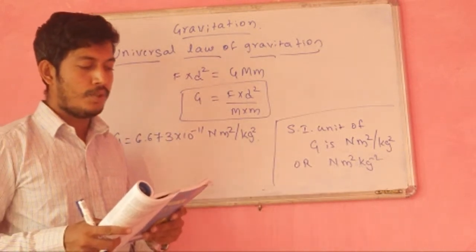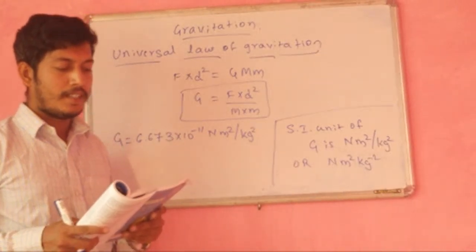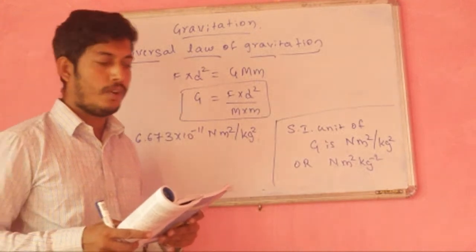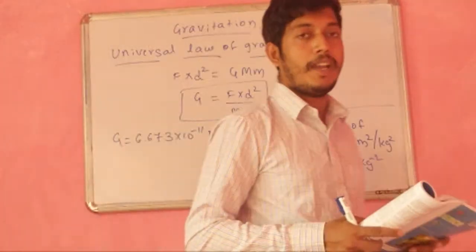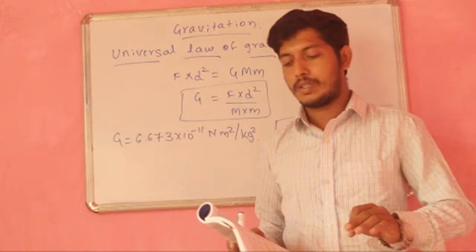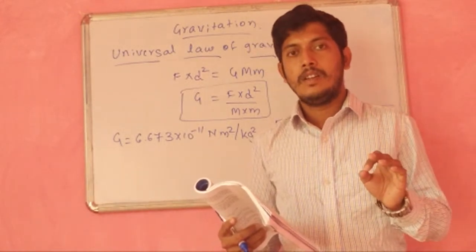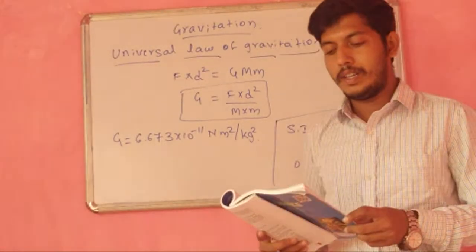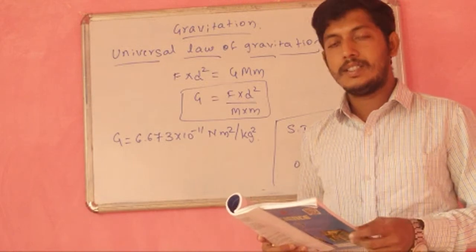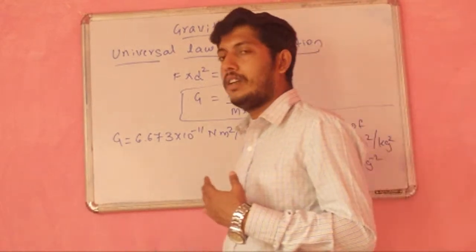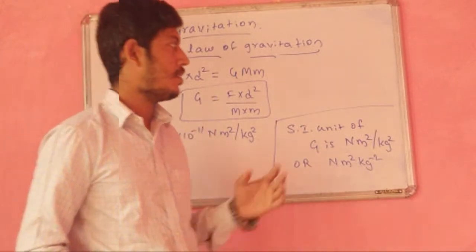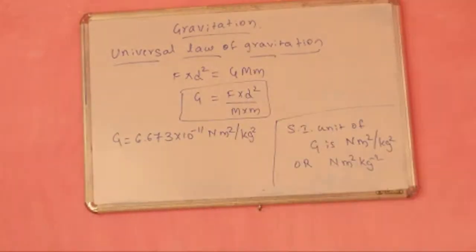By using a sensitive balance, the accepted value of G is 6.673 into 10 raised to minus 11 Newton meter square per kg square. So the founder of this is Henry Cavendish. He used a sensitive balancing method to calculate the value of capital G. Just read the values and remember the values too.